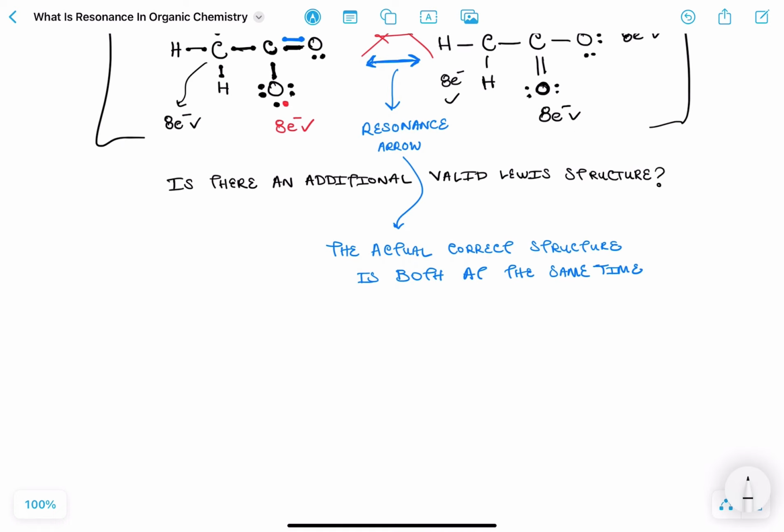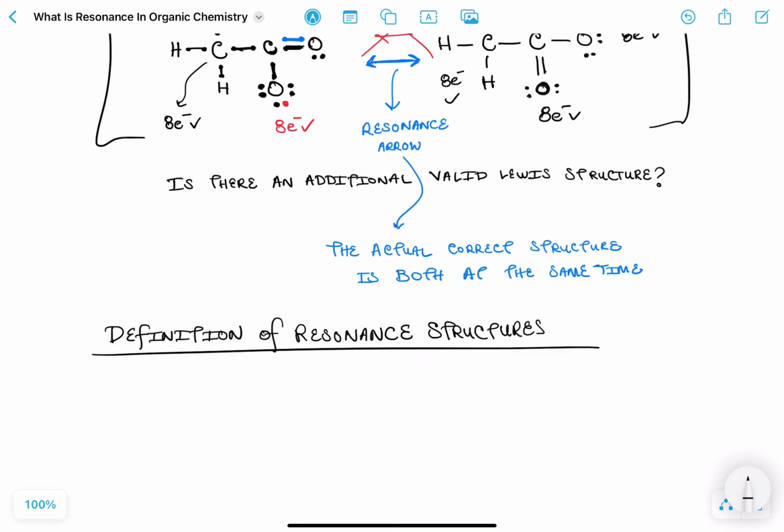Now, the next question that arises is, what is the formal definition of resonance structures? And now that we've done an example, we can go ahead and flesh that out.